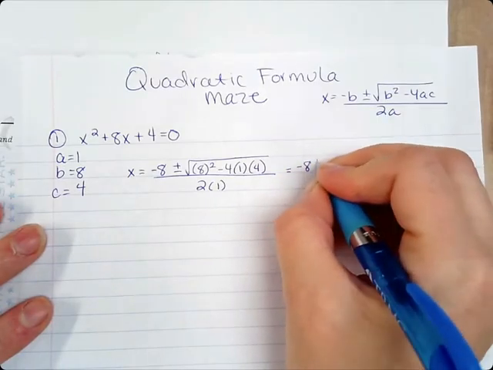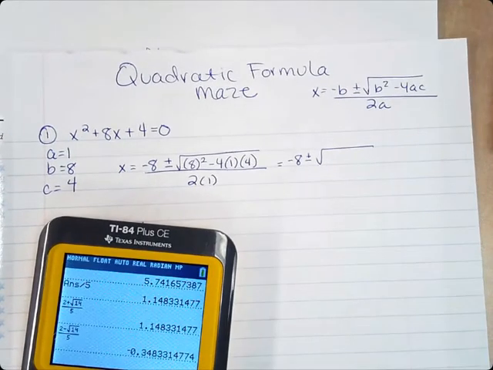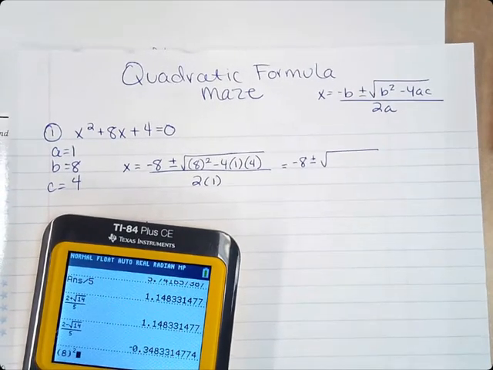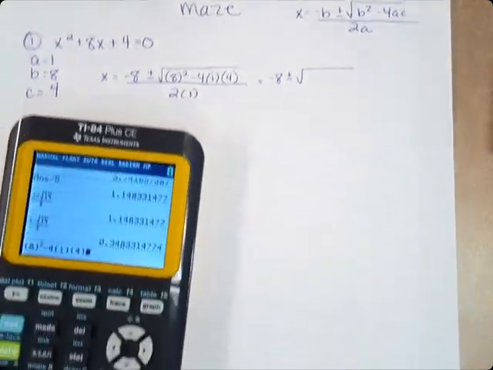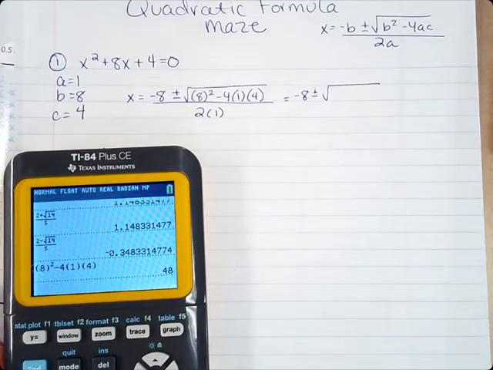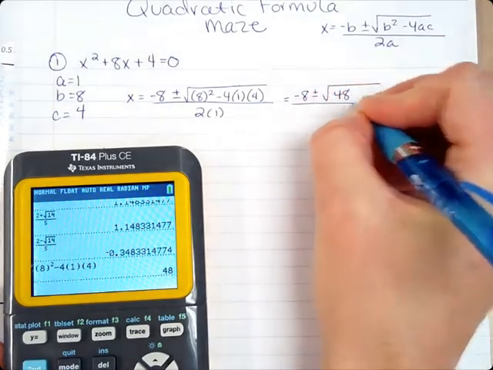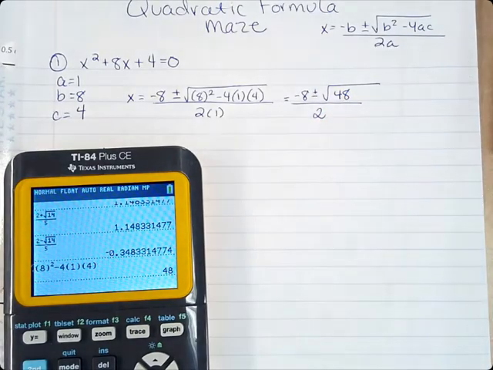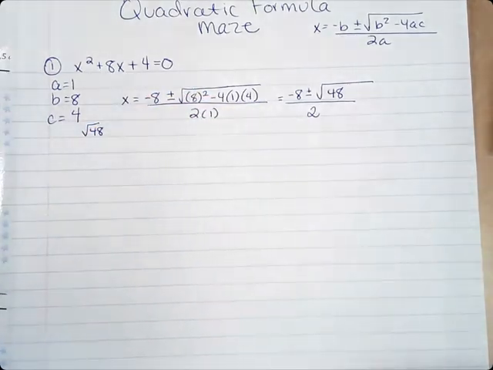Equals negative 8 plus or minus the square root of, let's put that in our calculator, 8 squared minus 4 times 1 times 4. So 48, and then over 2. Then we need to find out what the square root of 48 simplified is.